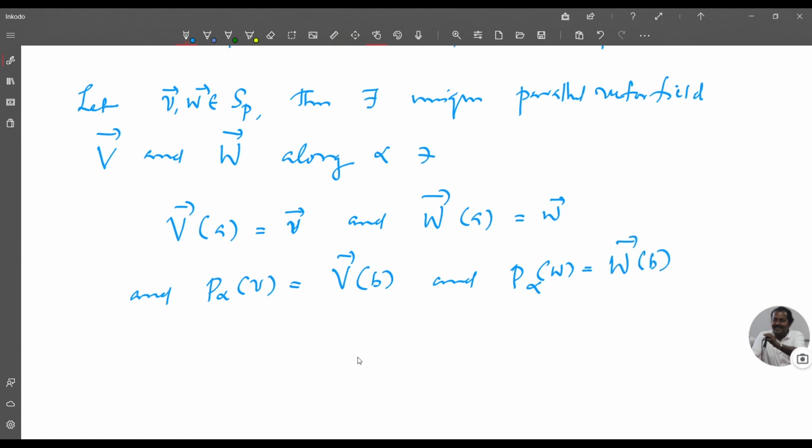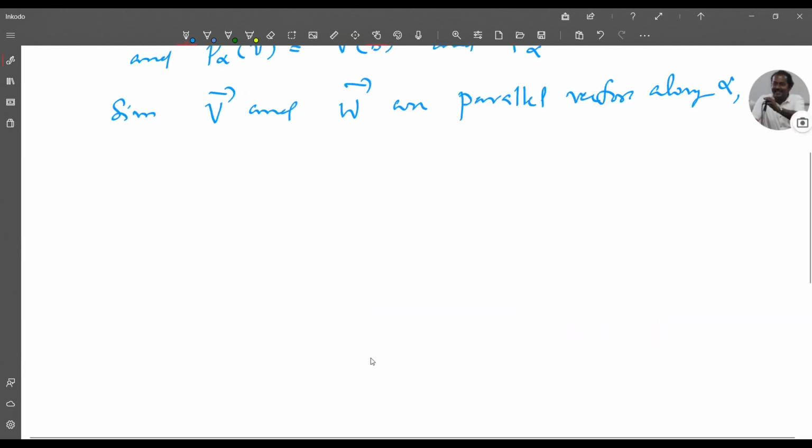Now since V and W are parallel vector fields along alpha, V dot W is a constant along alpha.